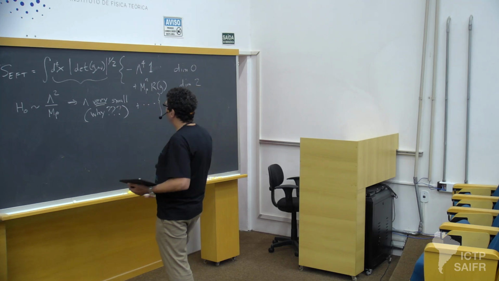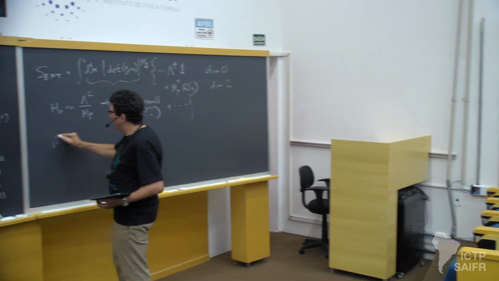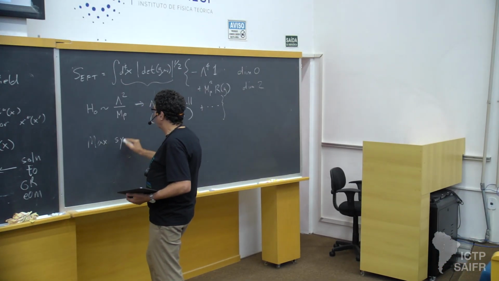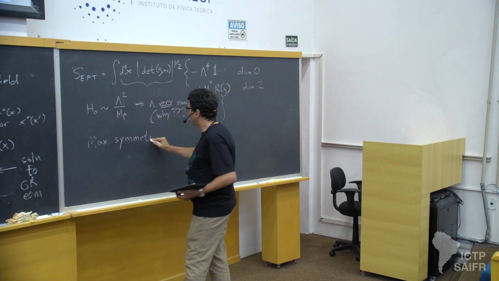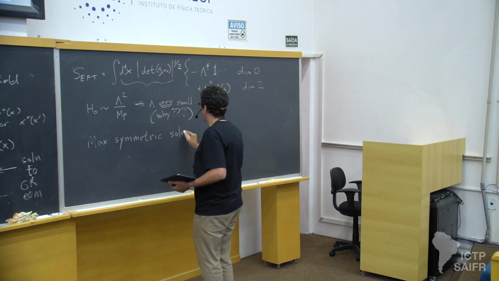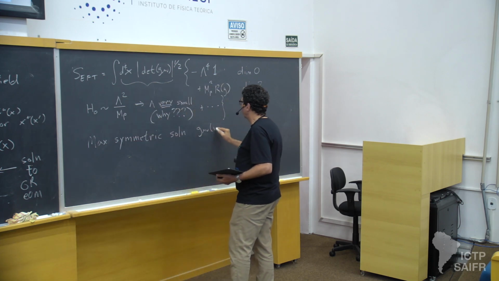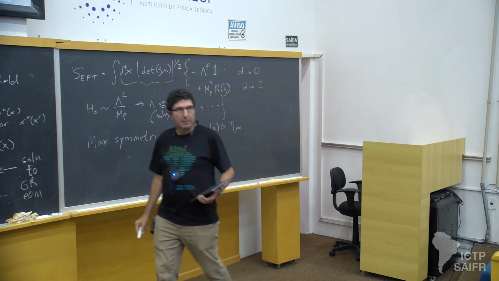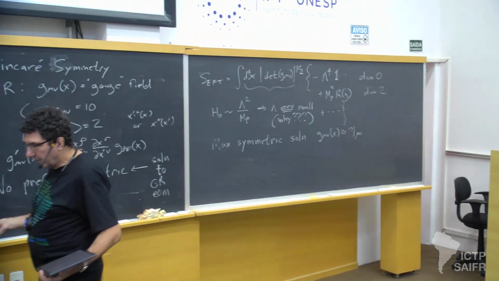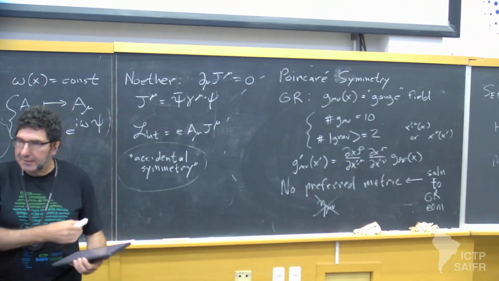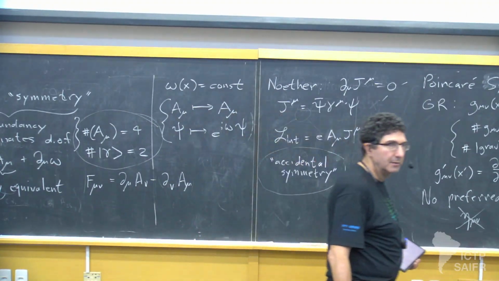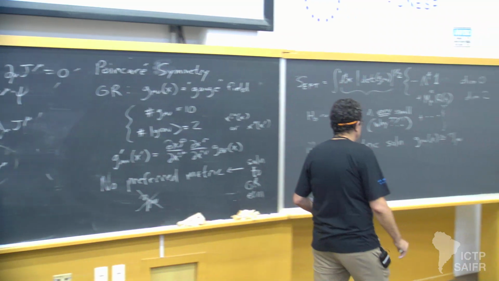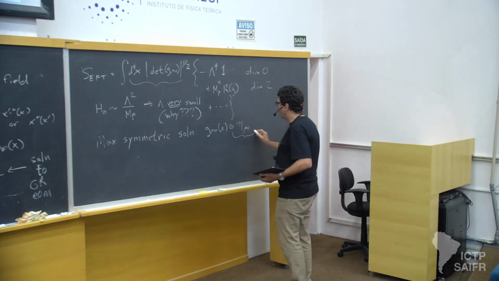And then what we find is that the maximally symmetric solution is that g mu nu of x is approximately eta mu nu. In other words, the most symmetric solution you can write is very, very flat, and this is exactly Poincare invariant.